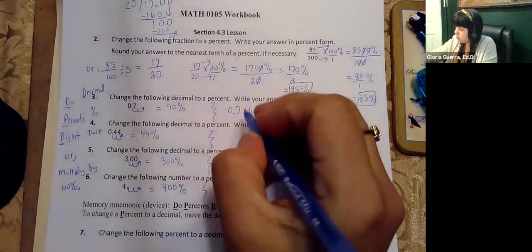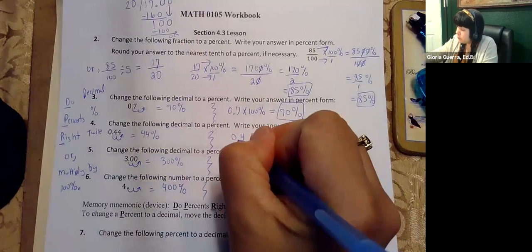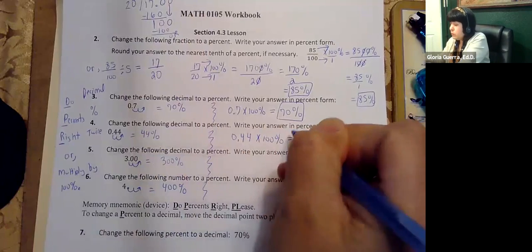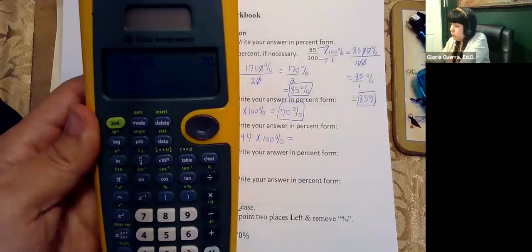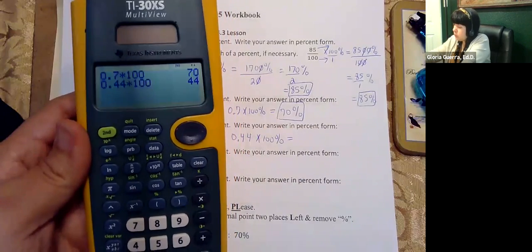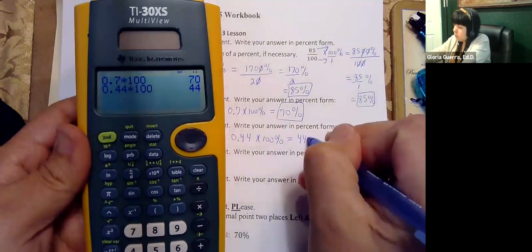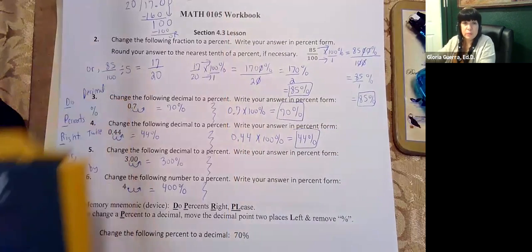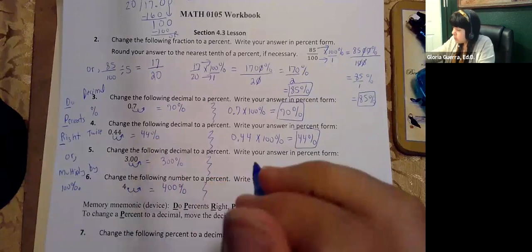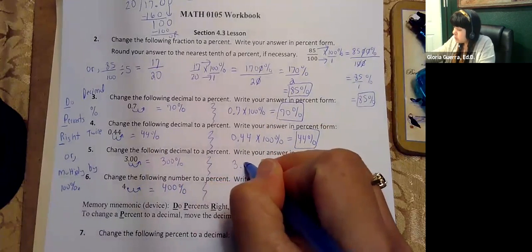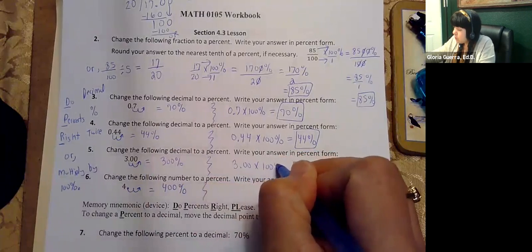Or you could do 0.44 times 100%. So 0.44 times 100%, that's 44%. You get the same answer here. Or you could take 3.00 times 100%.